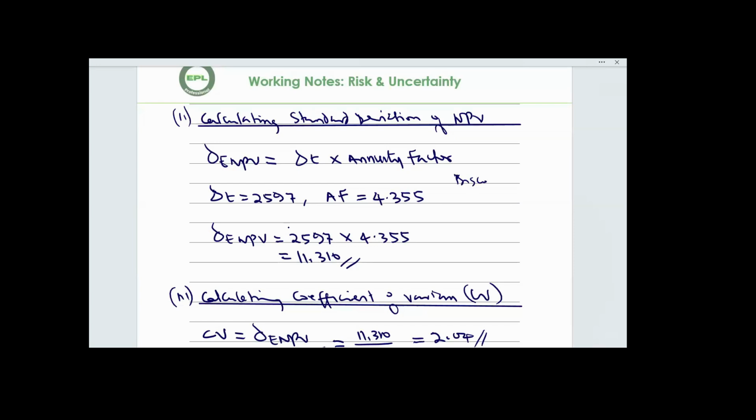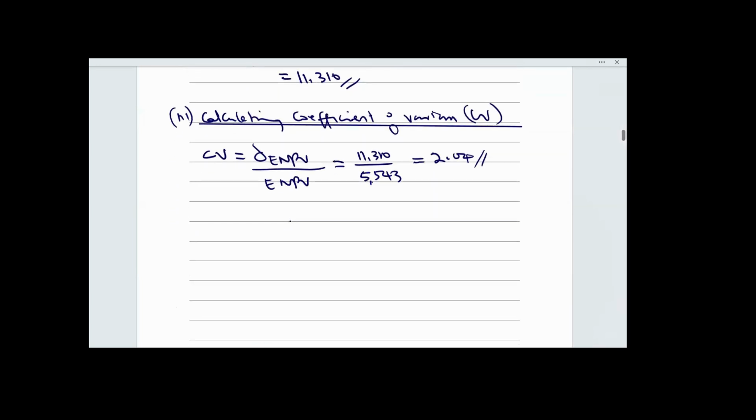Now, discount factor is calculated as 1 plus R raised to power minus N. In this case, we calculated for year 6. Cost of capital is 10%, therefore 1.10 raised to power minus 6.